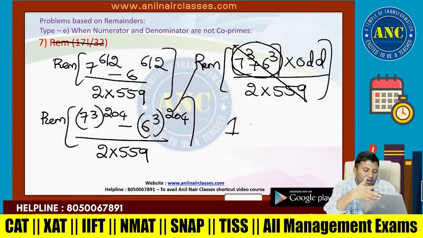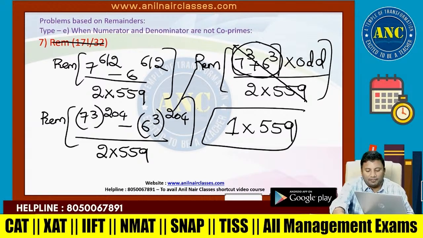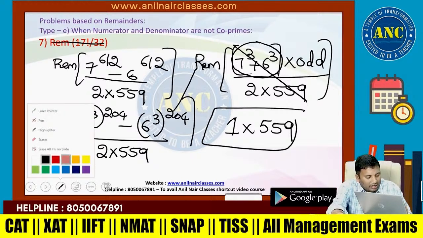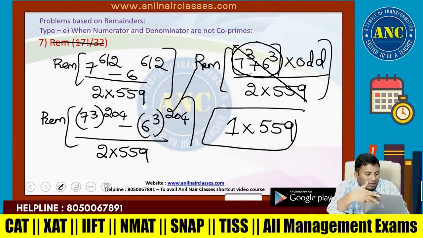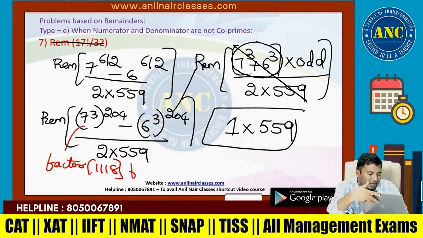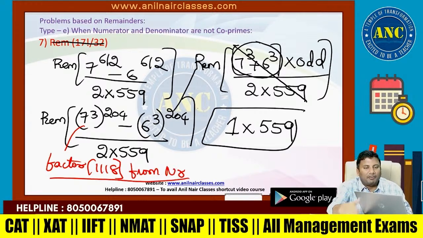Odd divided by 2 gives 1. 559 is cancelled. Why I took it as odd is because I want to take the factor of 1118 from the numerator. This is the idea.